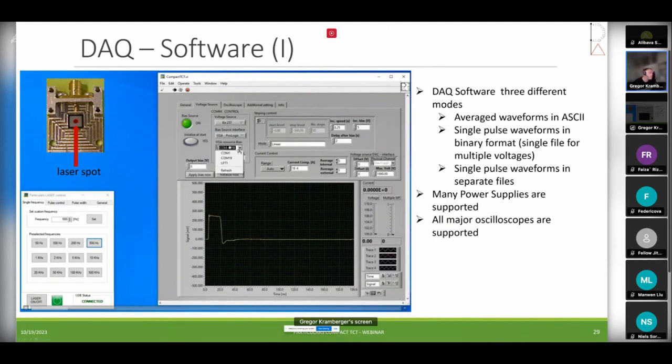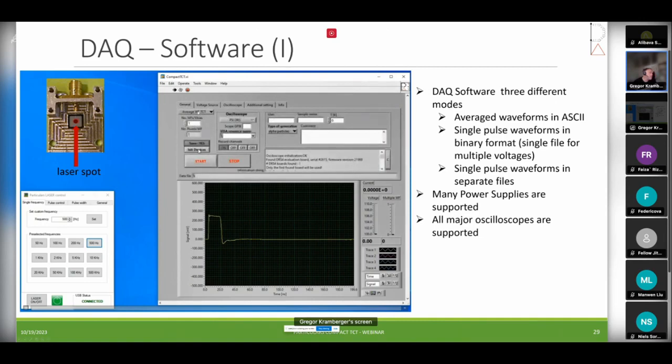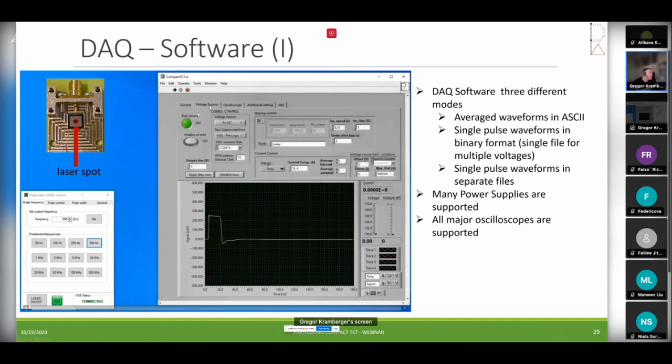We use a Keithley 237 in this case over VISA, and this data acquisition supports several modes of operation. In the compact TCT that we are looking at today, we use the ASCII data format. I will show you the data format later so that it's easily loaded into any data analysis framework you are using.